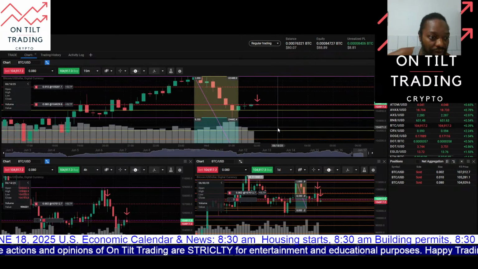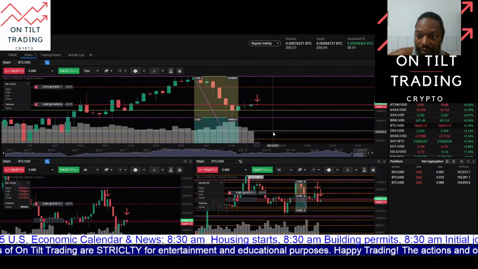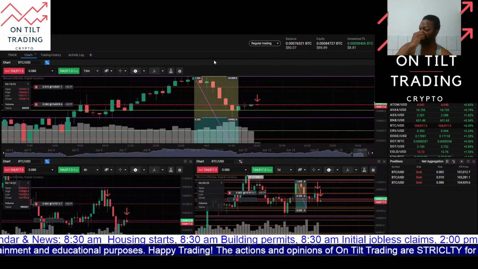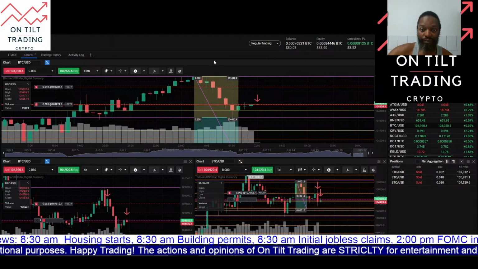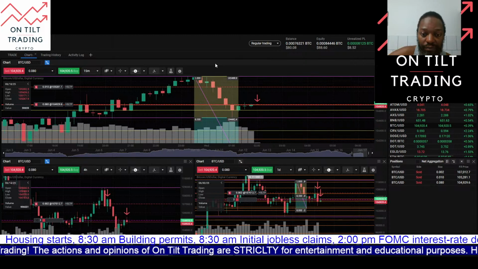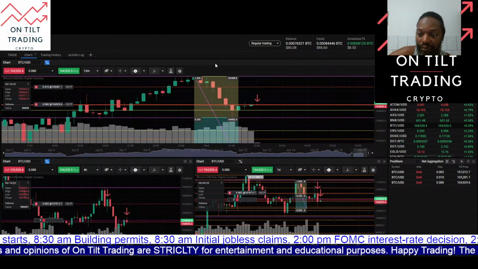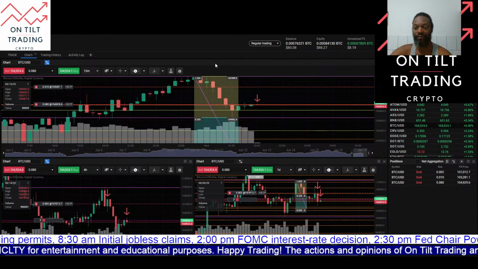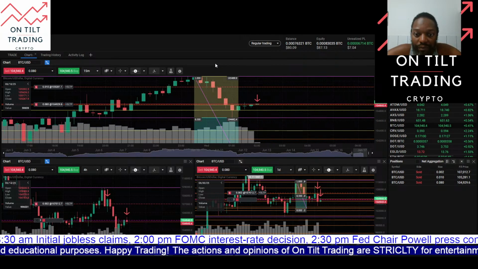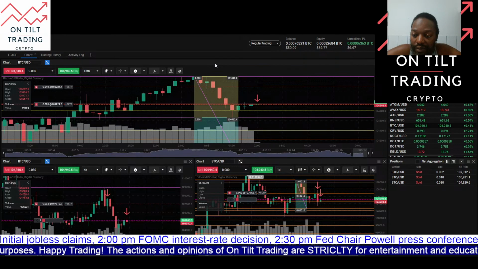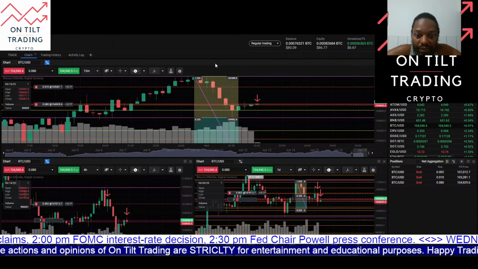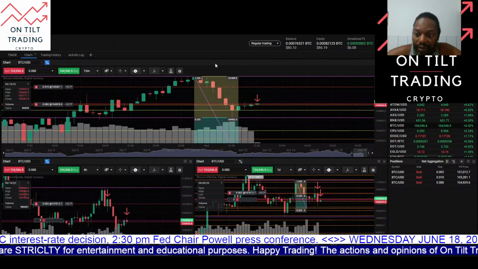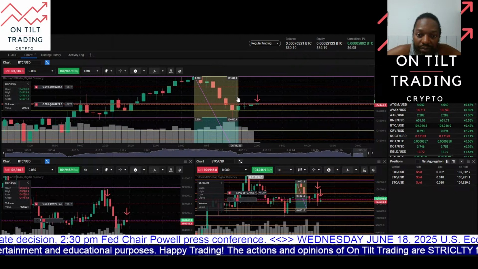So my entry is at 104,929.6. Price is testing the high of the previous candle. Price has broken through the high of the previous candle.